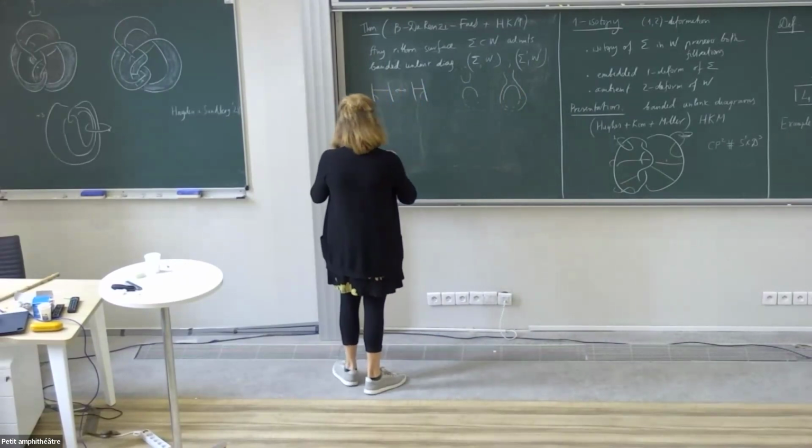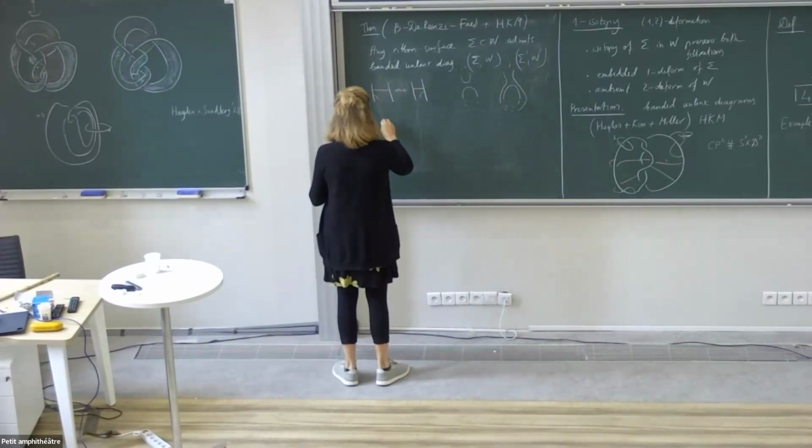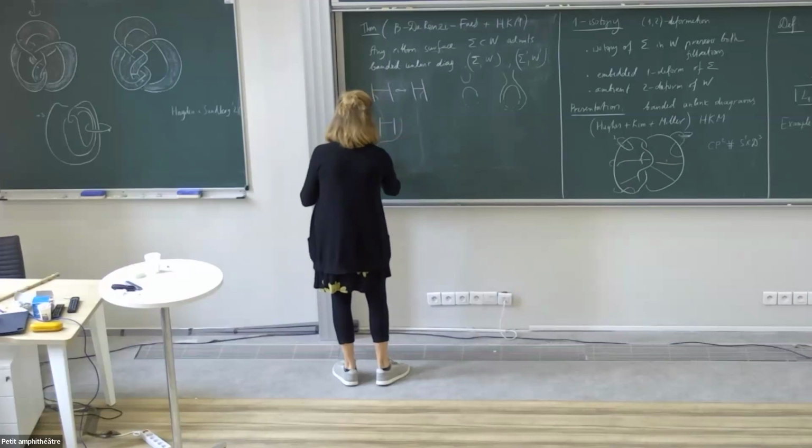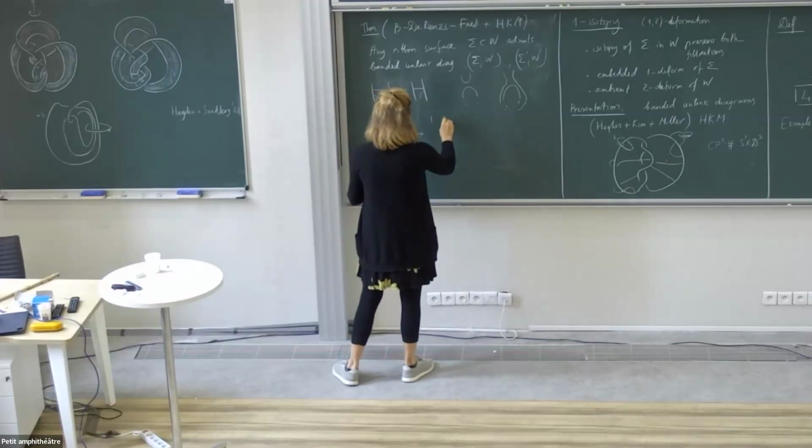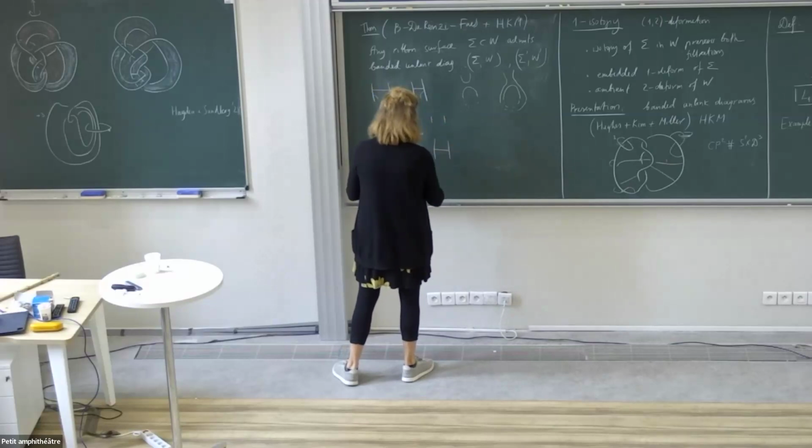And then another thing, again, if you have such a thing, you have here and here, you have either this or that one. Then this is the same as if you have this, and you slide over.